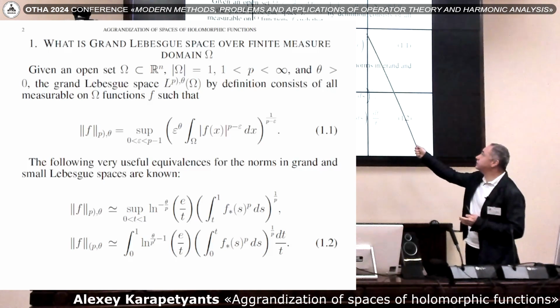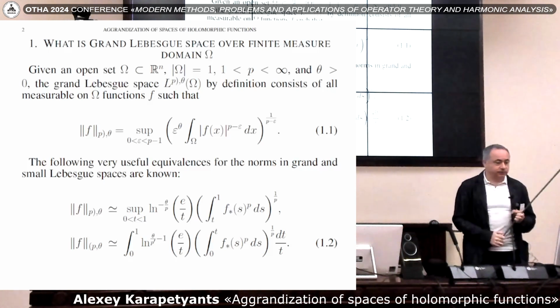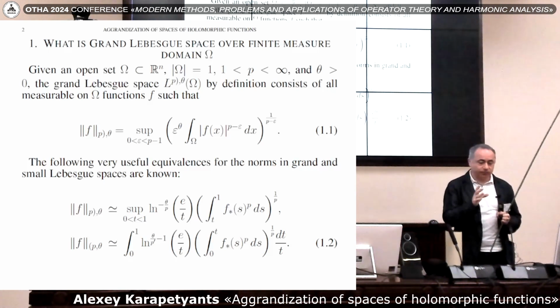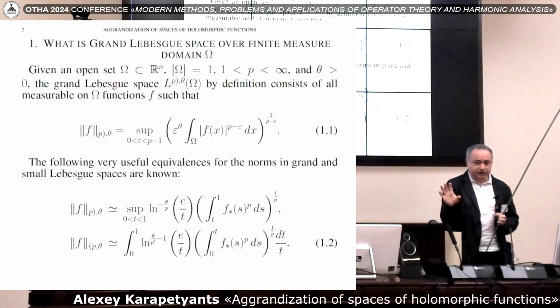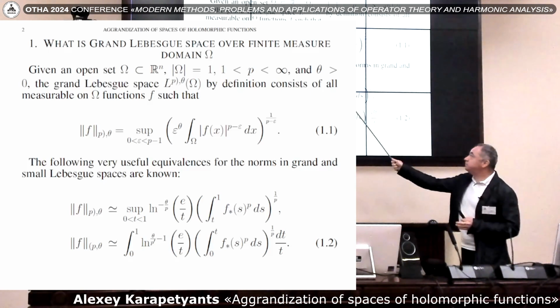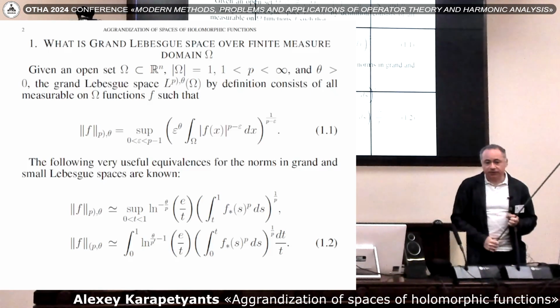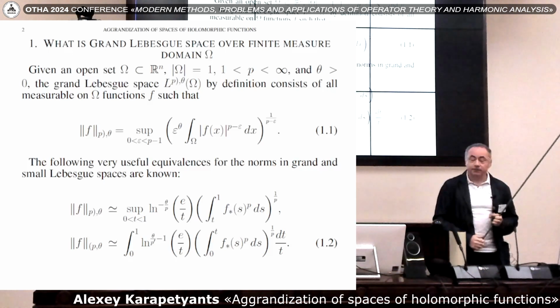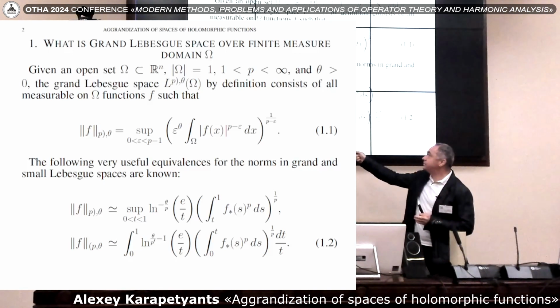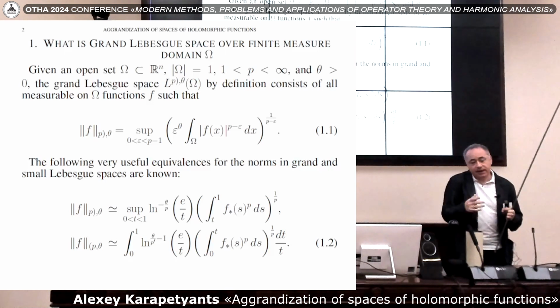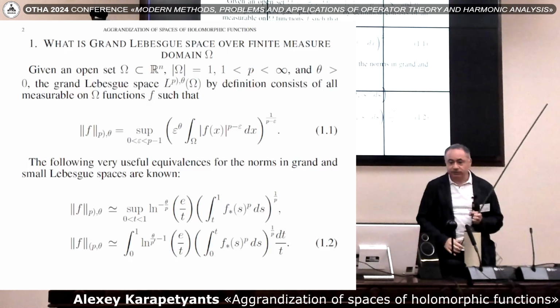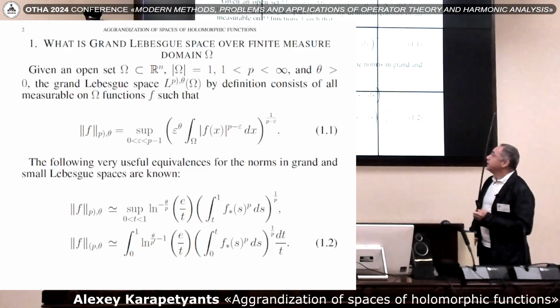This is not of importance at all. This is just to have a property of norms, just for technicalities. This p minus 1 is not important at all. You can take an arbitrary small number. You can take the supremum between 0 and arbitrary epsilon 0. So no importance. Okay.